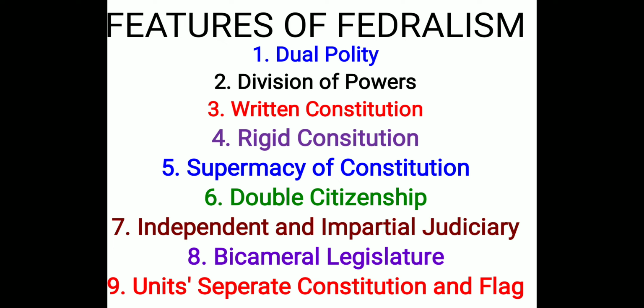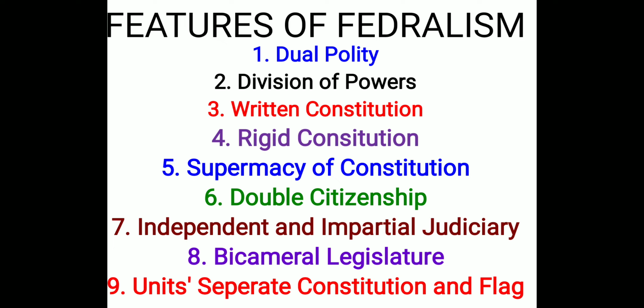Like the American constitution, America has a pure federal form of government, and its constitution is so rigid that it is very difficult to amend it. That is why till today in the US constitution only 7 amendments have taken place.